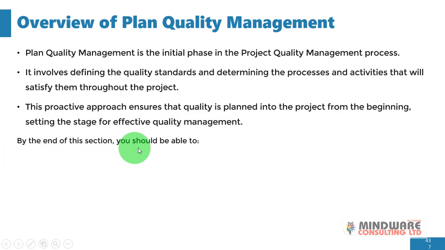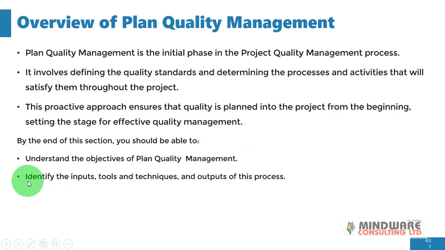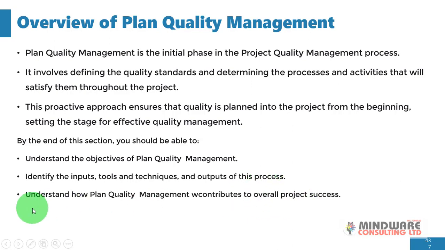Now, by the end of this section, you should be able to understand the objectives of plan quality management, identify the inputs, tools and techniques, and the outputs of this process. You'll also understand how plan quality management contributes to the overall project success.